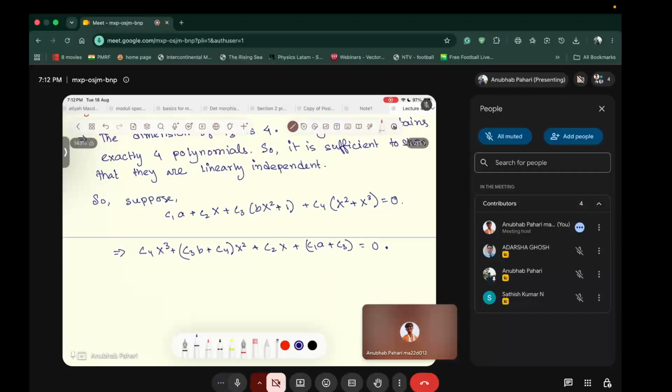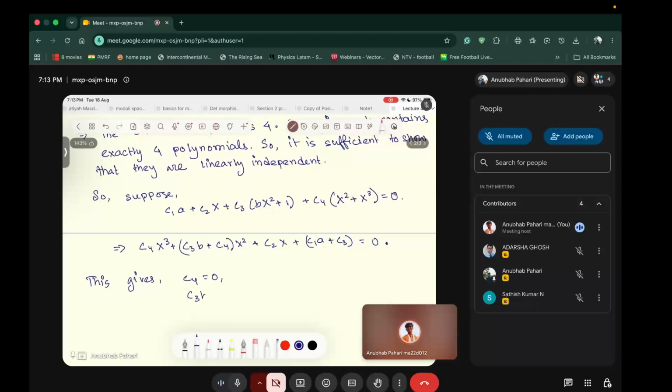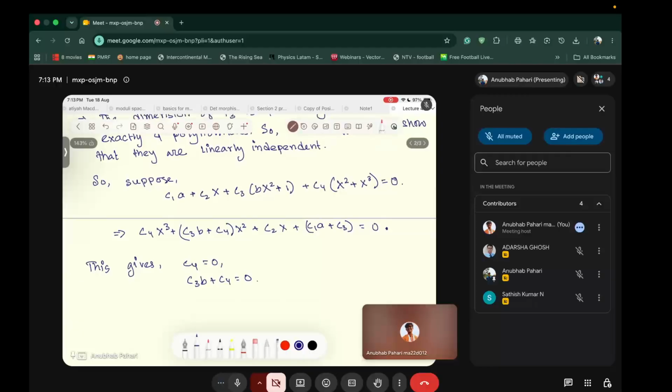Since x cube, x square, x and 1 are linearly independent over the field, this gives C4 equals 0, C3b plus C4 equals 0, C2 equals 0, and C1a plus C3 equals 0.